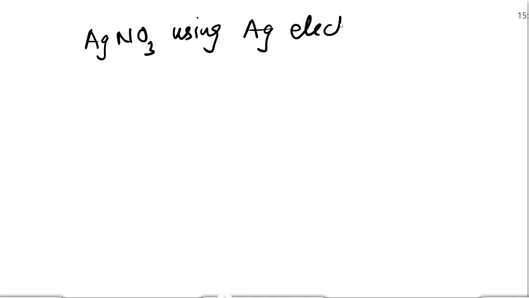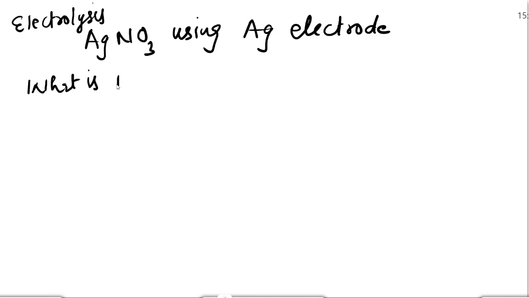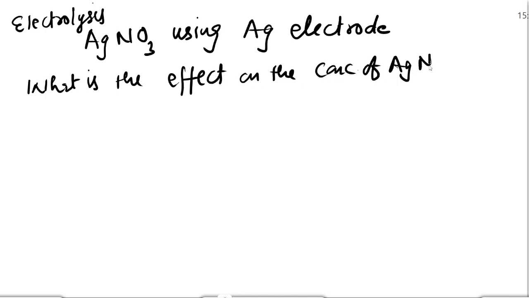Okay, now if we have silver nitrate using silver electrode, what are the products formed at cathode and anode? And what is the effect on the concentration of silver nitrate?